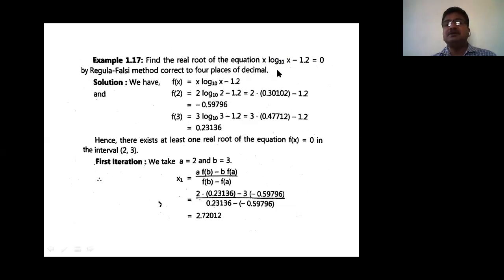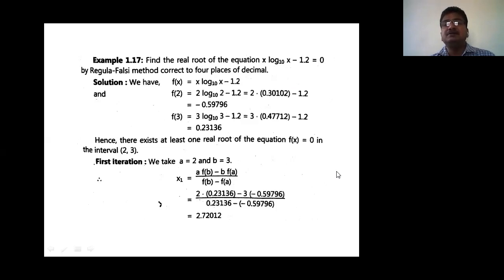That is, just log x means log x with base e, and log x with base 10 means the base is 10. To find the value of log x with base 10, use the key log on the calculator, and if you have to find the log of x with base e, then use the key ln on the calculator.